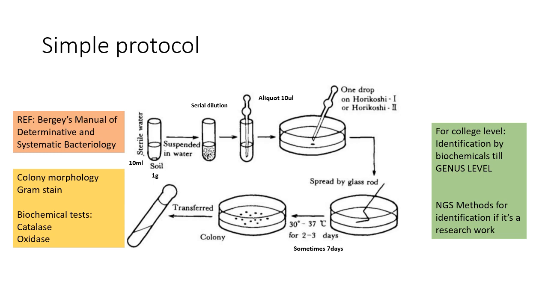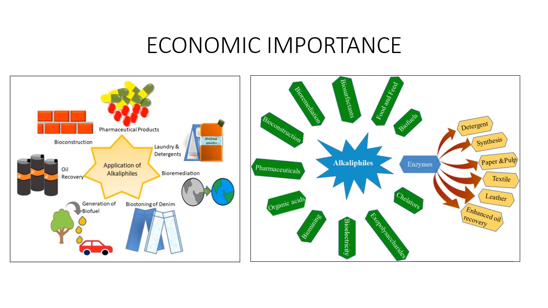So this is for the isolation of alkaliphiles. If you just have isolation, then no need of worrying about the identification part. If you have isolation and identification, then you need to go for biochemicals as well and prepare for your viva according to the biochemical tests that you are performing, because you will get questions on that as well.